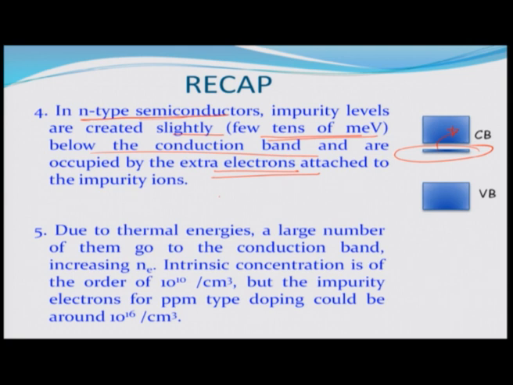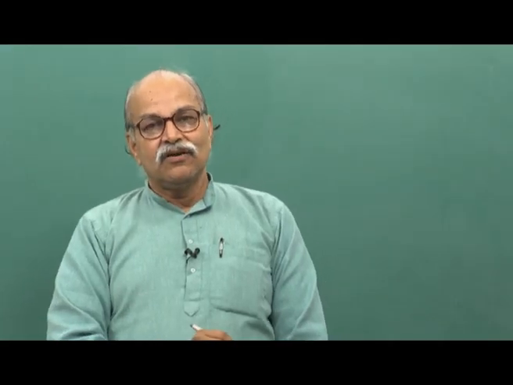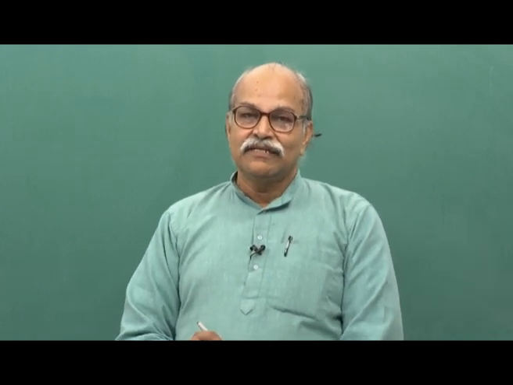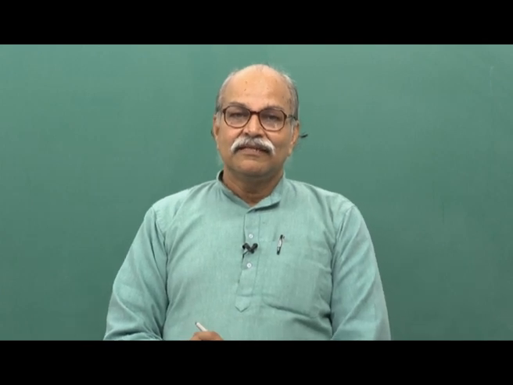Then at any finite temperature, due to thermal energies, a large number of them go to the conduction band, and that increases Ne. Intrinsic concentration, remember intrinsic, when you do not dope any impurity, the material is called intrinsic, and there Ne and NH are equal, and the number itself depends on the temperature.